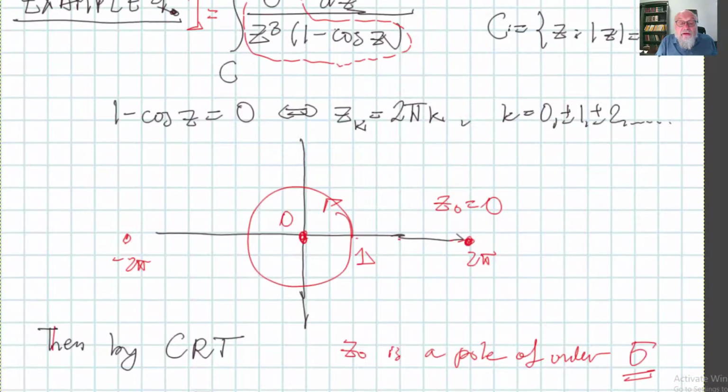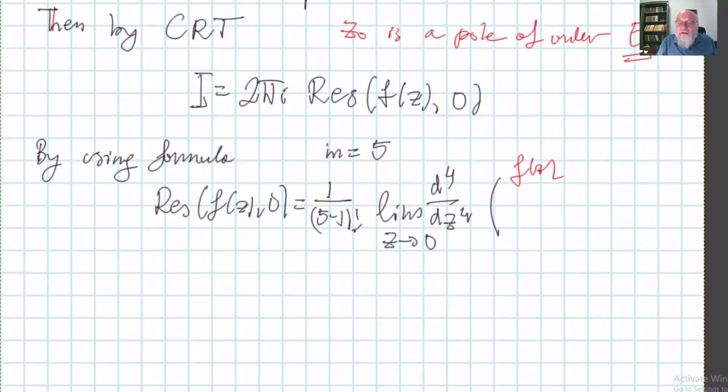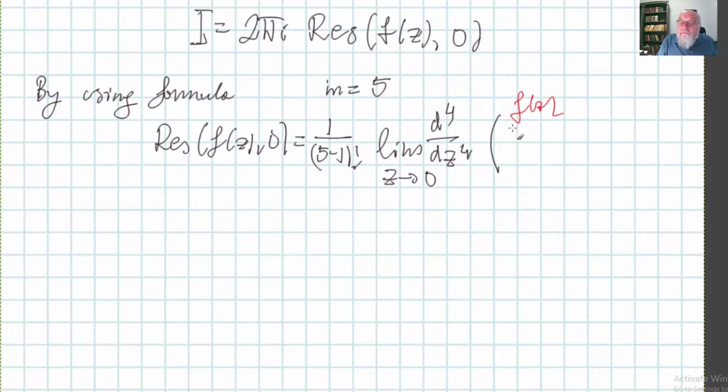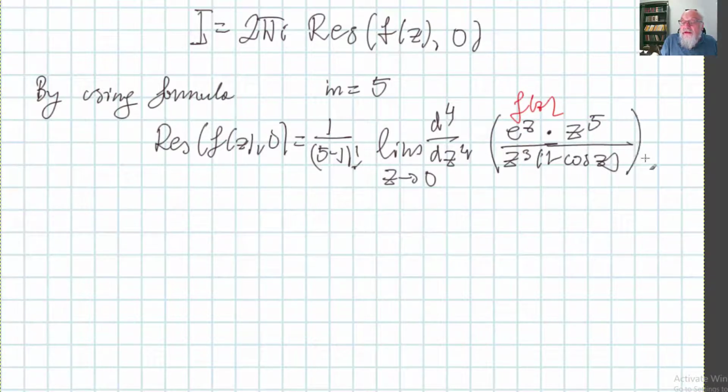So which one is it? Aha, that's this one. At the top is e^z, and the bottom is z^3 times 1 minus cosine z. And now I have to multiply by z to the power 5, and then take the 4th derivative and compute the limit as z goes to 0.